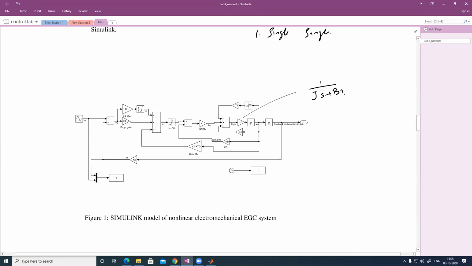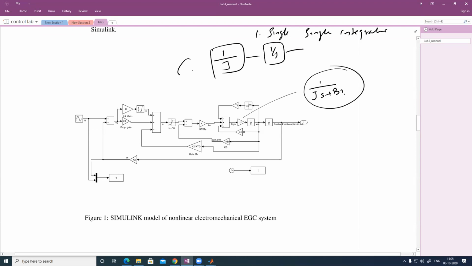So earlier it was 1 by Js plus B1. It can be converted to 1 by J multiplied by 1 integrator, with a plus and a minus feedback of B1. These two are equivalent.